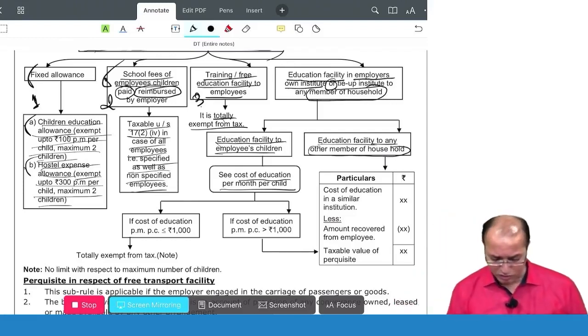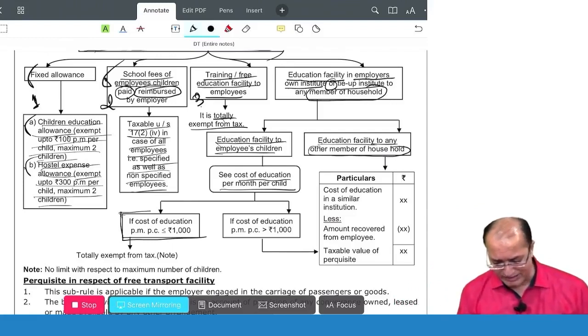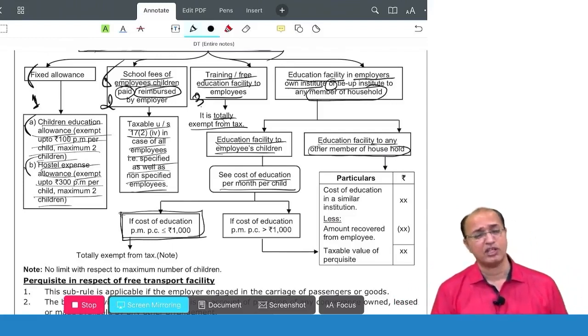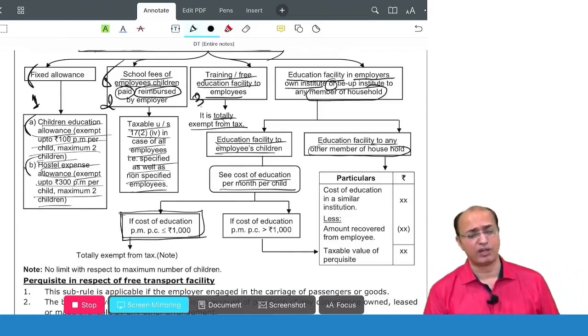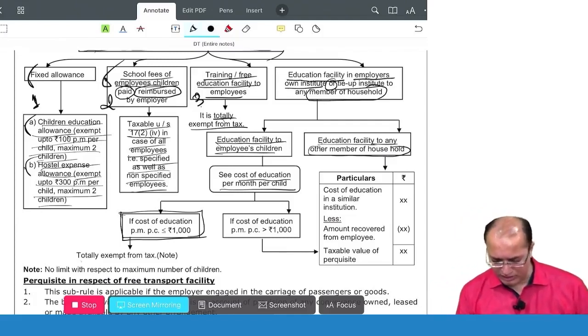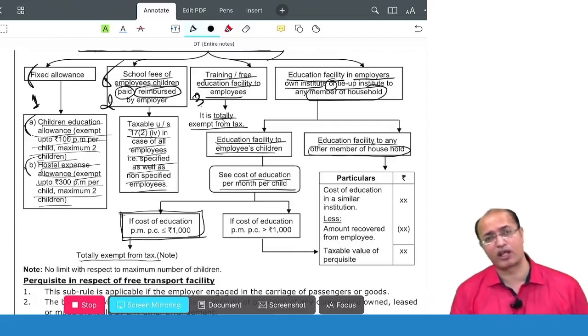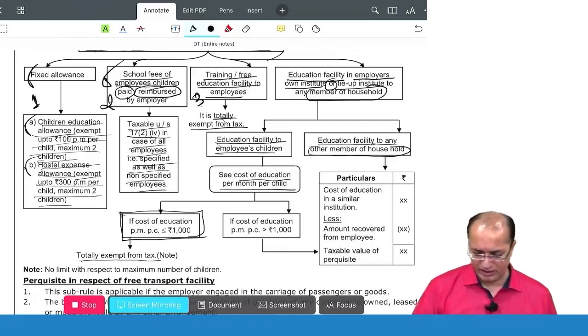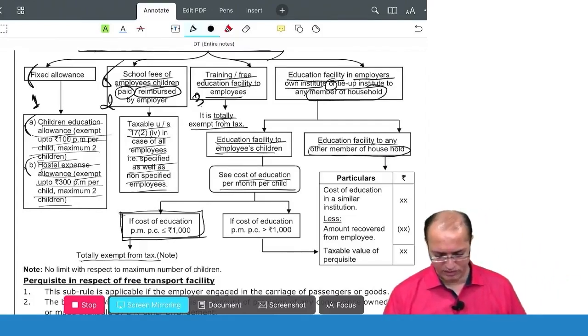If the cost of education per month per child is less than or equal to 1000 rupees, then this perquisite is totally exempt from tax.